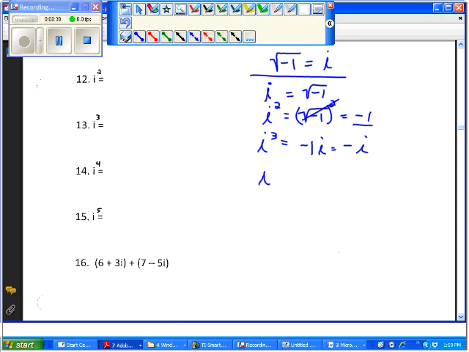And then i to the fourth would be our i to the third answer times another i. Now what's the i times i part? What's i times i?